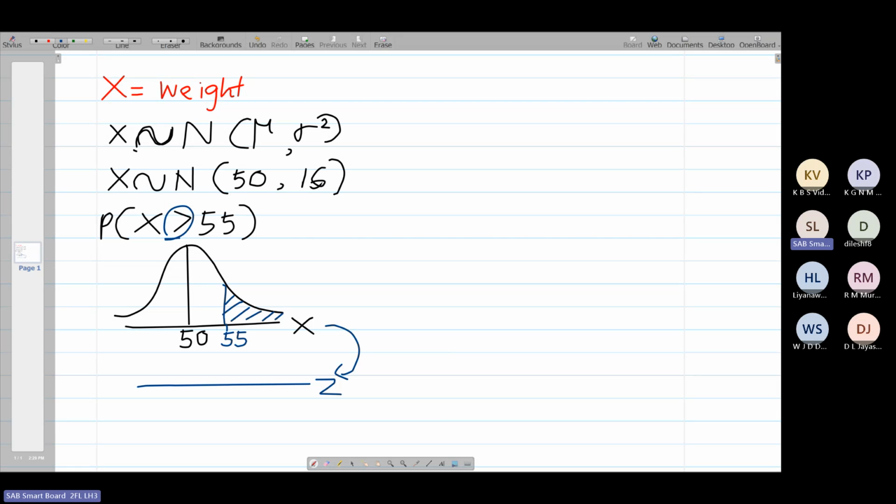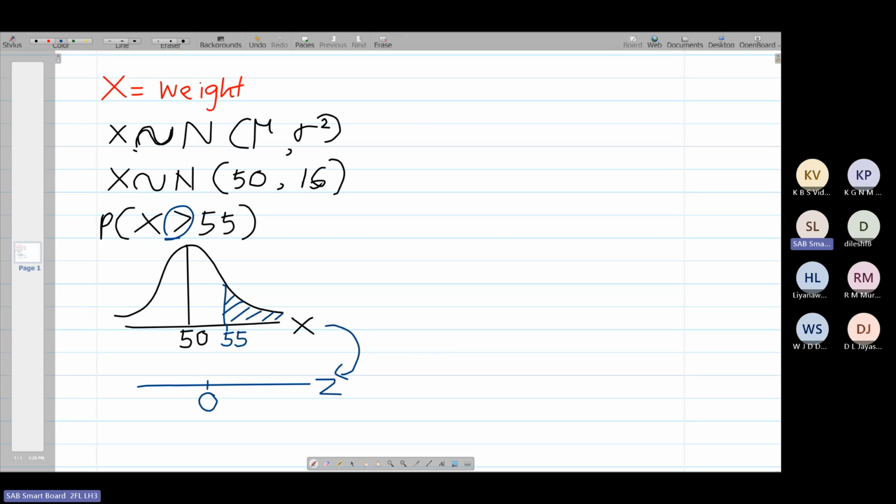Understood? Then the normal distribution curve mean value is what? 50. But in the Z curve the mean value is 0. Understood? Then here the normal distribution curve variance is what? Here 16. But the Z curve or standard normal distribution curve variance is equal to 1.